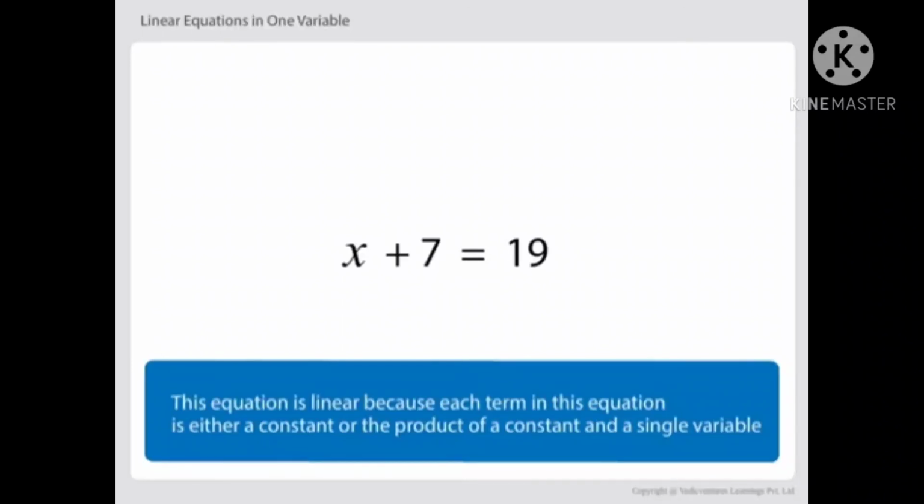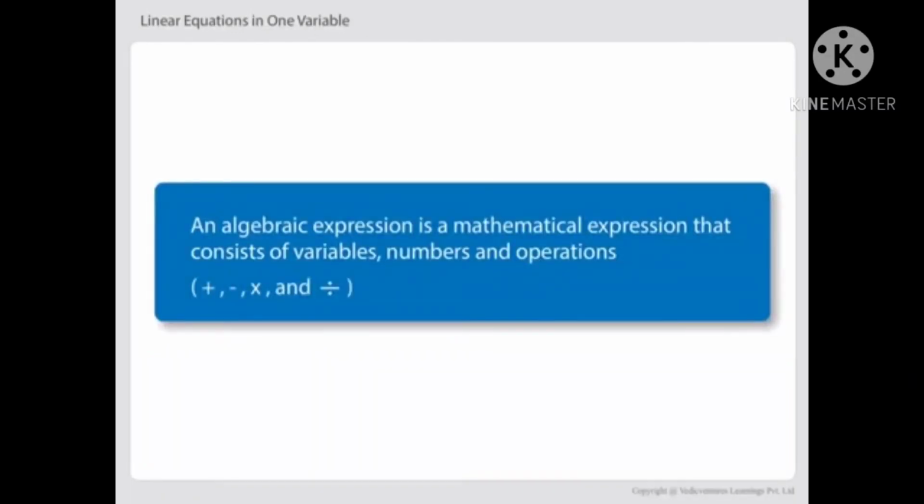In previous classes, you have already studied several algebraic expressions and equations. Let us recall them. An algebraic expression is a mathematical expression that consists of variables, numbers, and operations such as addition, subtraction, multiplication, and division.